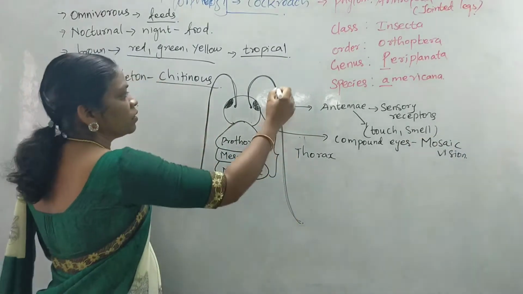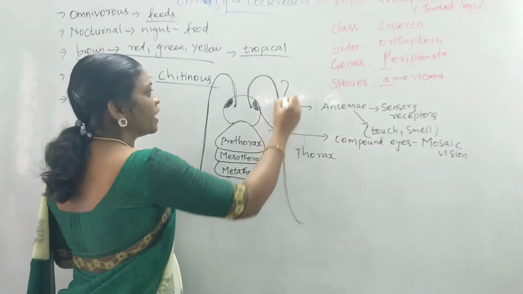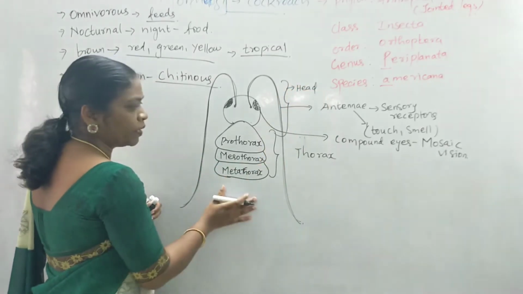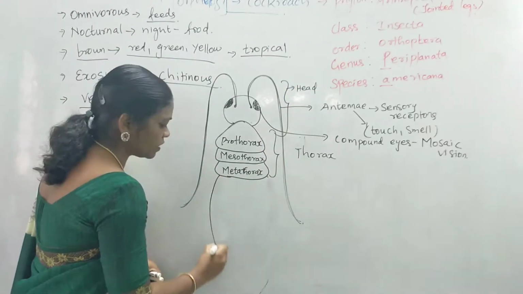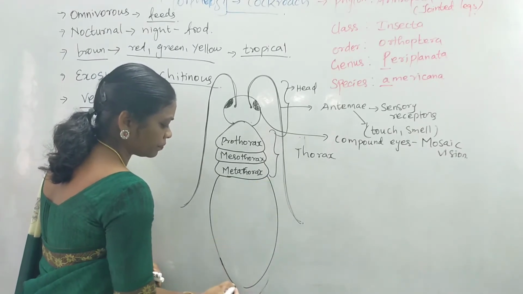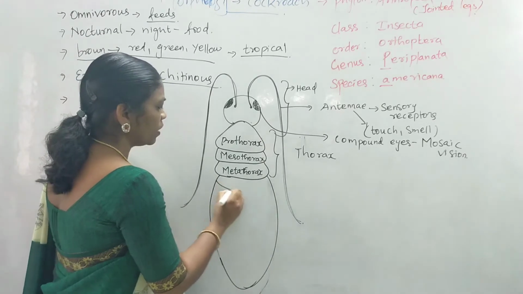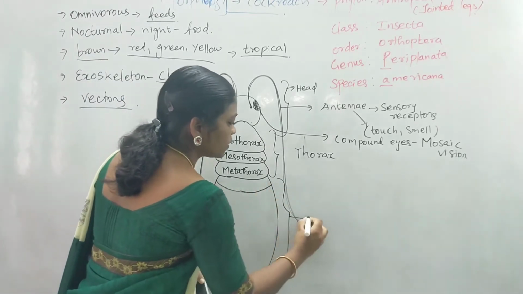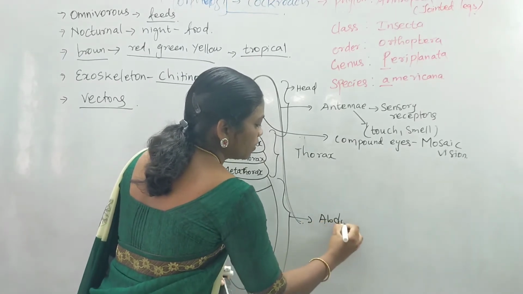This particular region, where you can find the head, eyes and antennae together, is known as the head region. Followed by this, you can draw the abdominal segments. The abdominal segments are 10 in number, and this region is known as the abdomen.